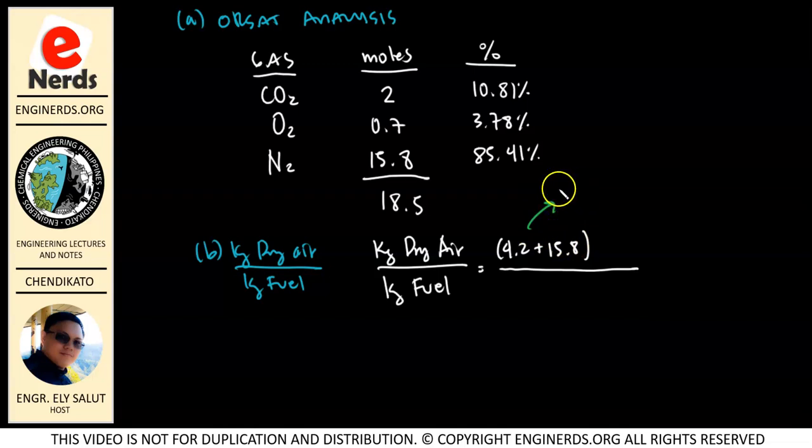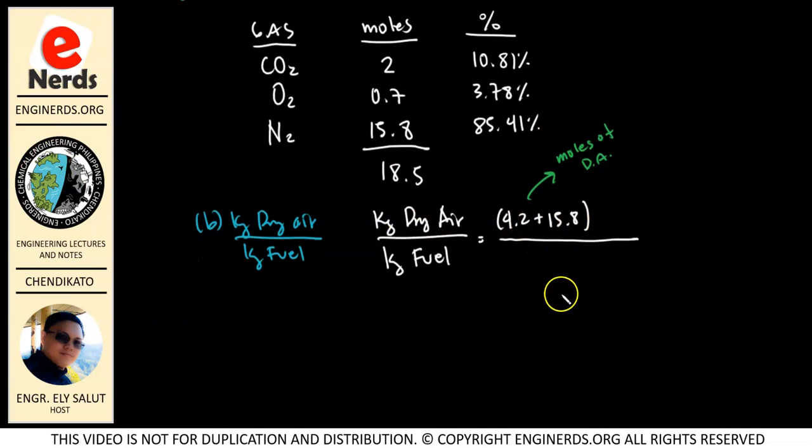Okay, so number of moles of dry air. So this is what we have here, 4.2 plus 15.8. Okay, so we need to get the weight. Don't forget that we need to get the weight. So this is the number of moles. So we can only get the weight of the dry air by multiplying it to its molecular weight.